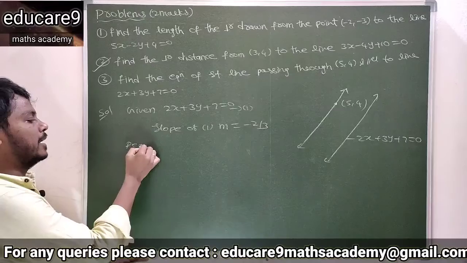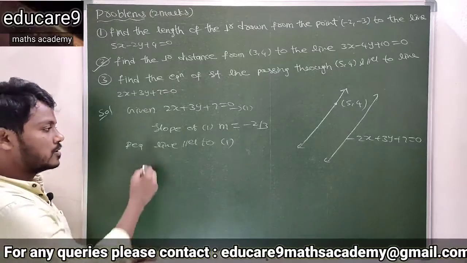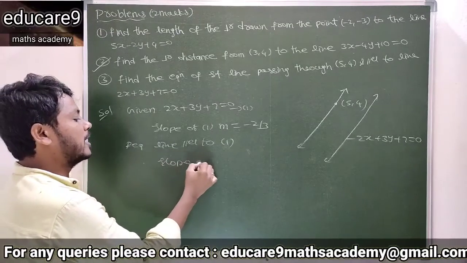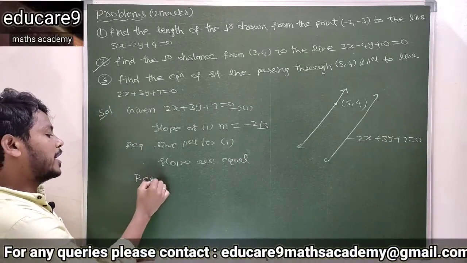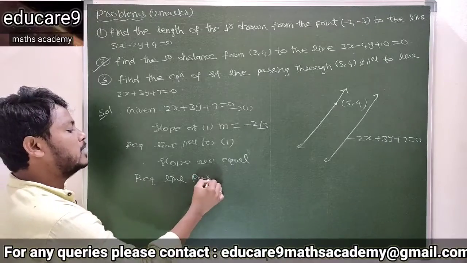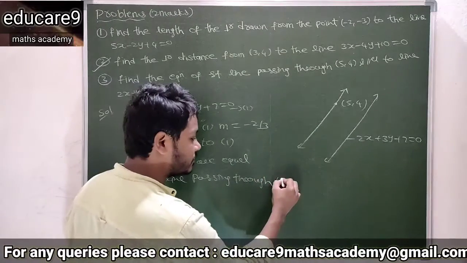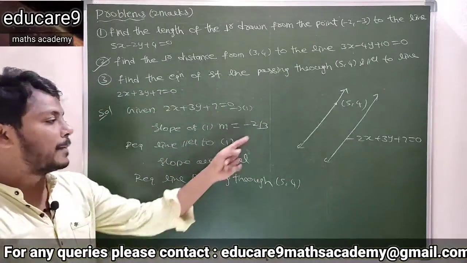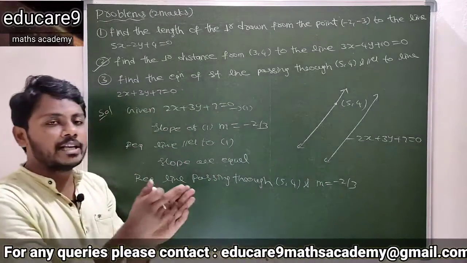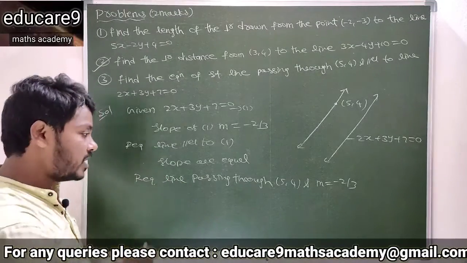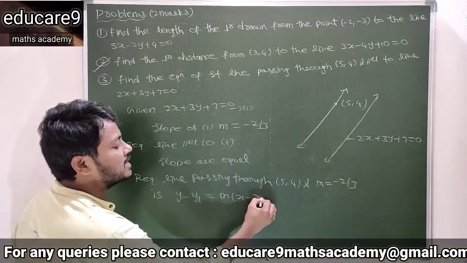The required line is parallel to equation 1, so the slopes are equal. The required line is passing through the point (5, 4) and has slope -2/3. So what is that equation? y - y1 = m(x - x1).